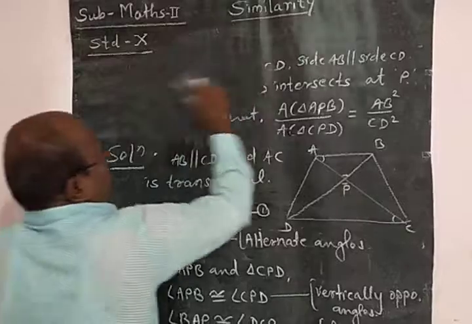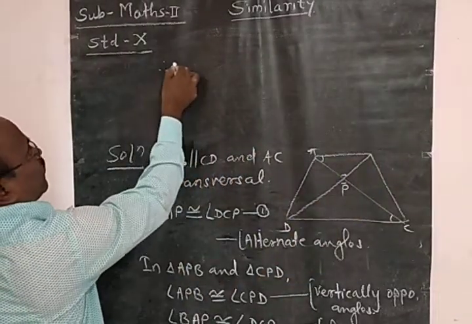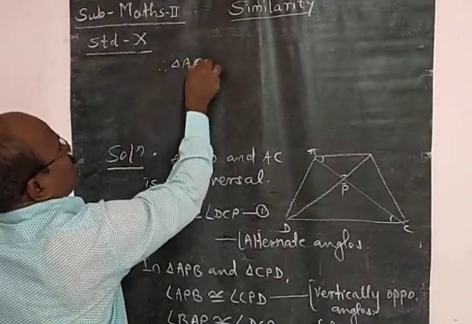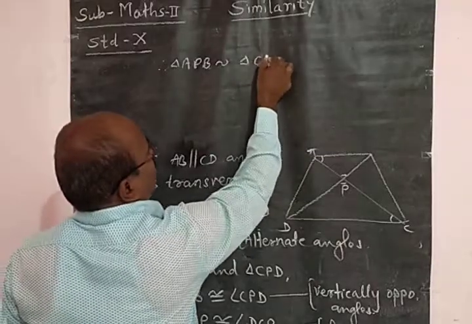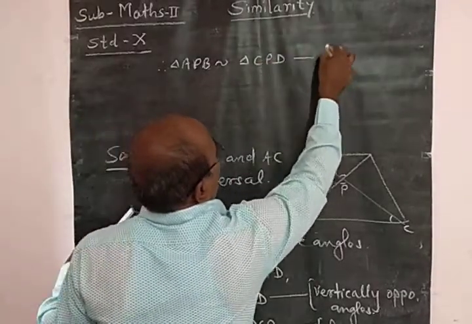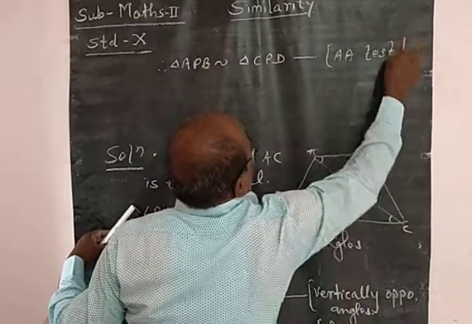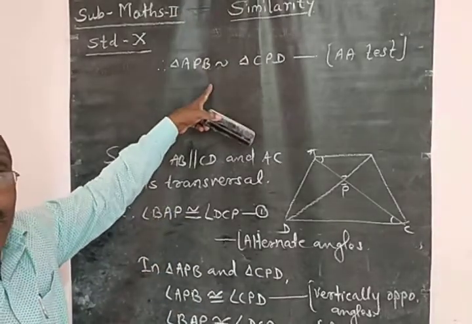So write here: therefore, triangle APB is similar to triangle CPD by which test? AA test. Then these two triangles are similar.